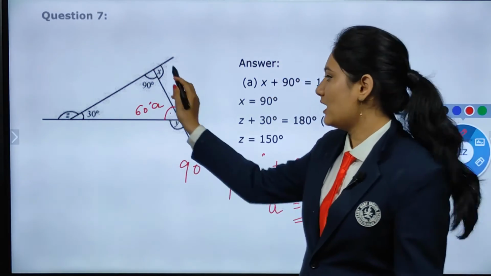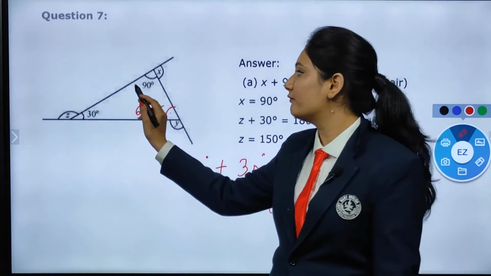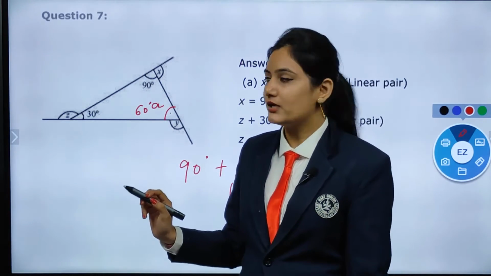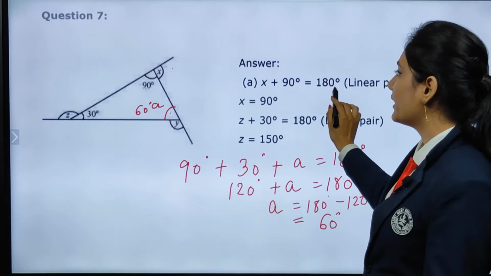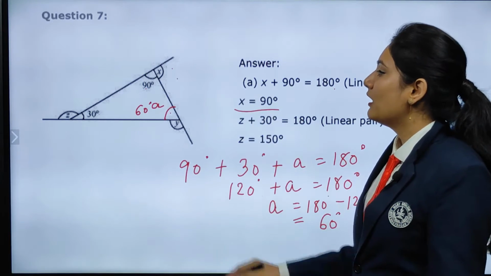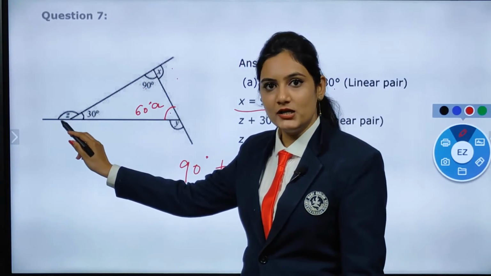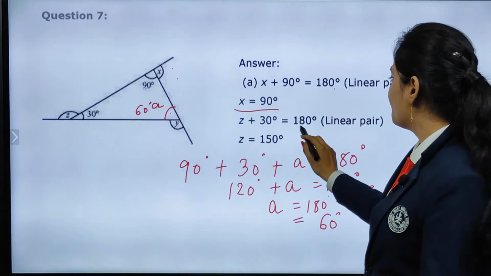Now children see, x, y and z, these are forming a linear pair with the interior angles, right? So here children see, x plus 90 is equal to 180. So what will be the value of x? X will be 90 degree. Now if you want to find the value of z, it will be what? Z plus 30 is equal to 180 degree.